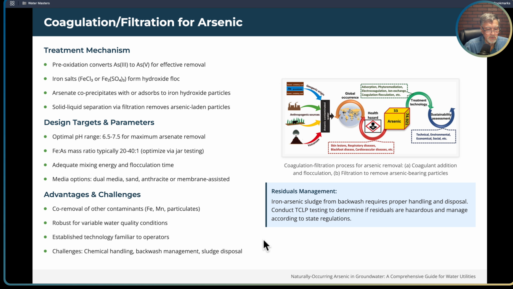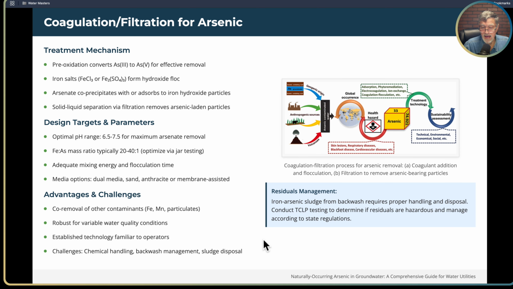There are challenges with chemical handling, backwash management, and sludge disposal. As we point out here in the box over here, residuals management: arsenic sludge from backwash requires proper handling and disposal. So you're going to want to conduct TCLP testing, the toxicity characteristic leaching procedure. It's a special kind of testing that determines if it meets hazardous waste criteria.